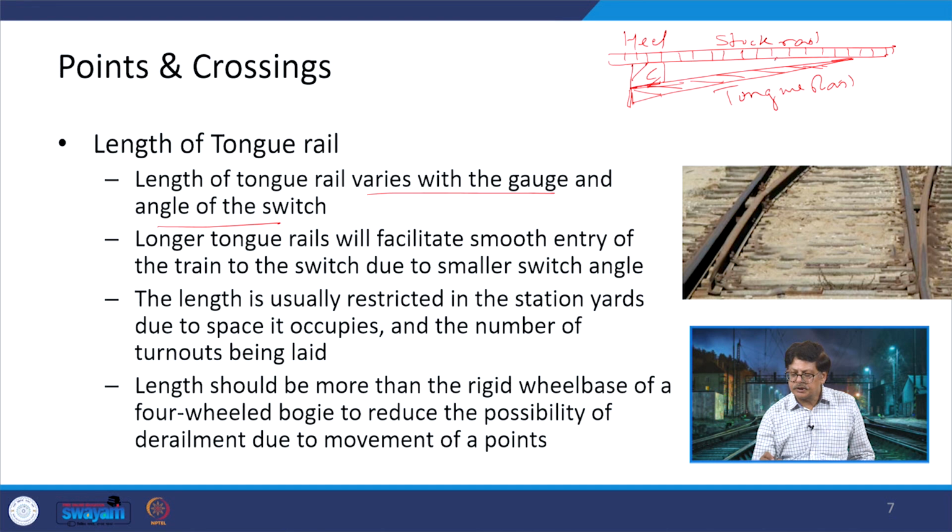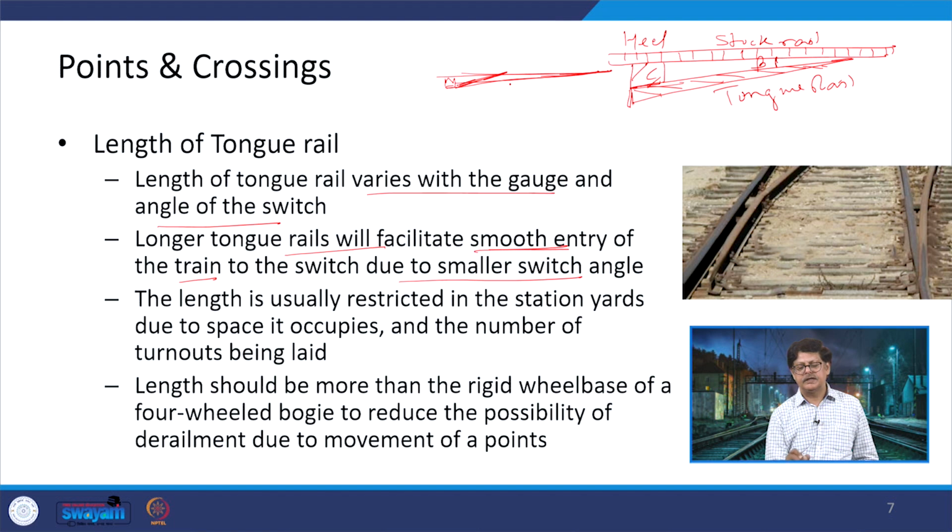That means we are talking about this angle of switch, beta. If we take it smaller, then we are talking about a longer length. Longer tongue rails will facilitate the smooth entry of the train to the switch due to smaller switch angles. So, it will be a case like this, or another case can be that you make it simple in this form.